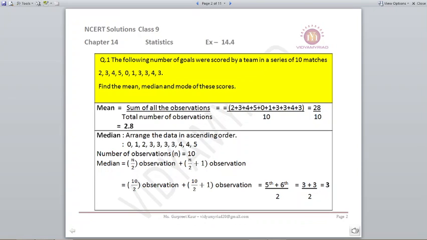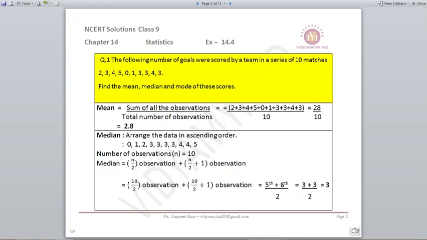Next is median. Now what is median? Median is the middlemost observation, and for calculating the median we need to arrange our data in ascending order. There are two cases: when your number is even and when your number is odd.